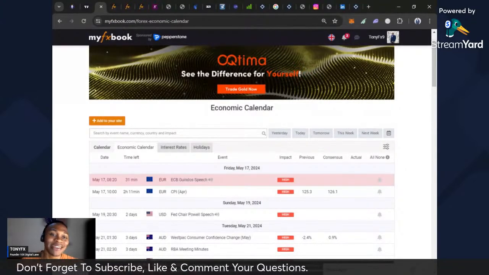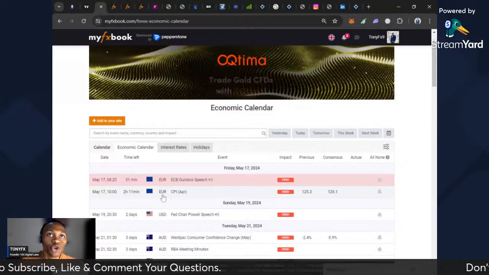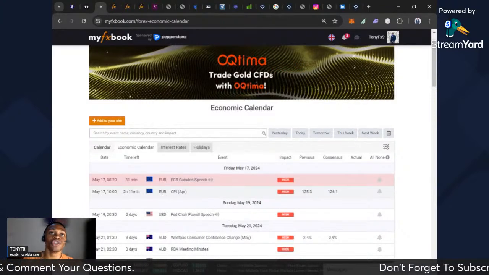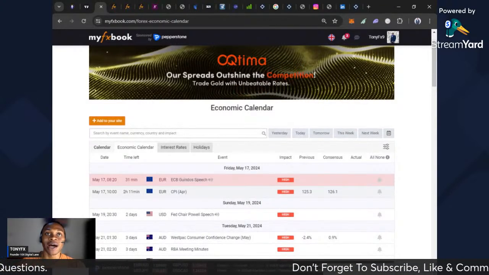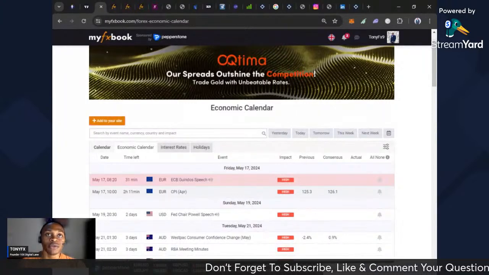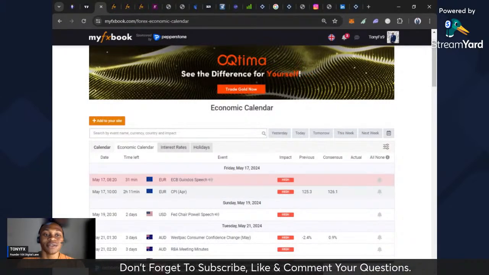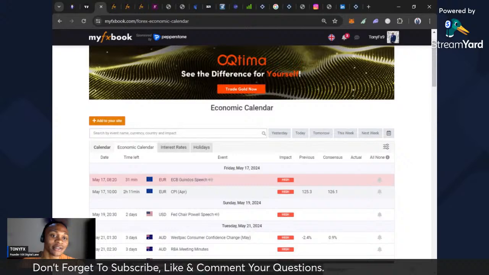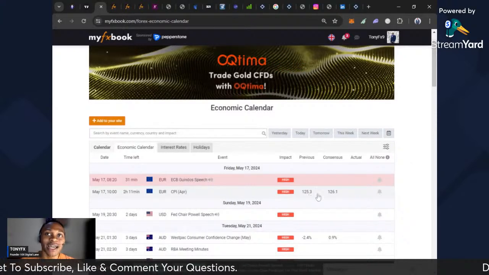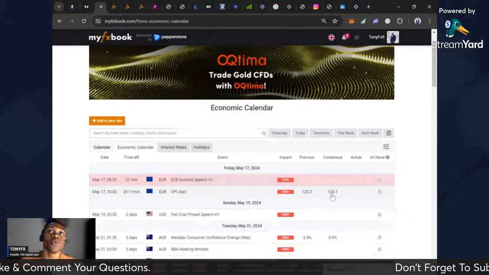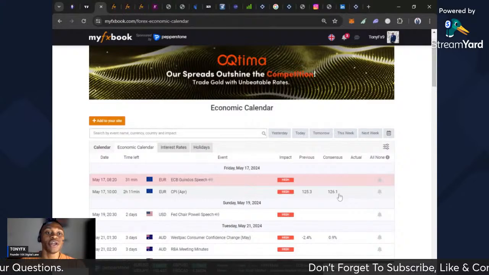Which pair is it going to affect? It's going to affect Euro pairs. Anything that has to do with Euro JPY, Euro dollar, Euro Great Britain pound, Euro CAD. So those pairs will be affected, because if this CPI comes out higher than 126.1, Euro will be strong.